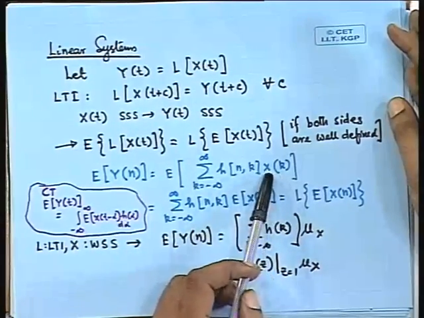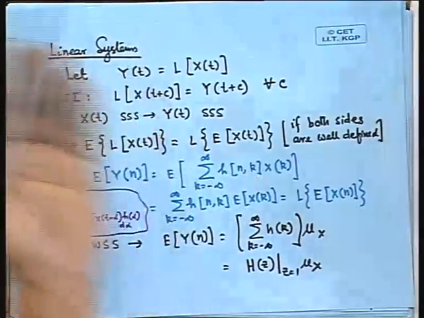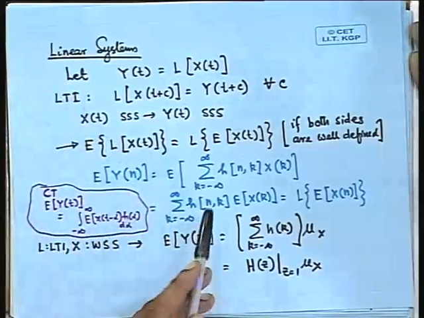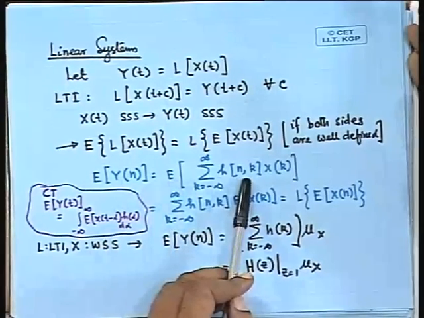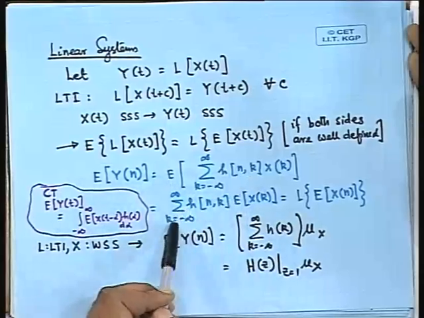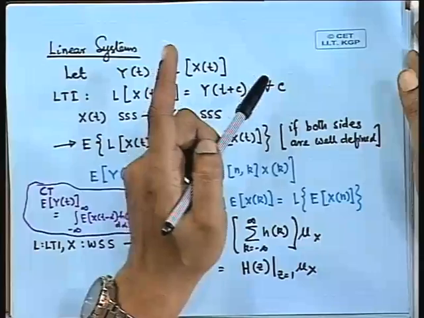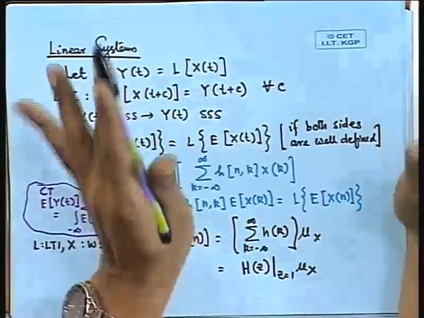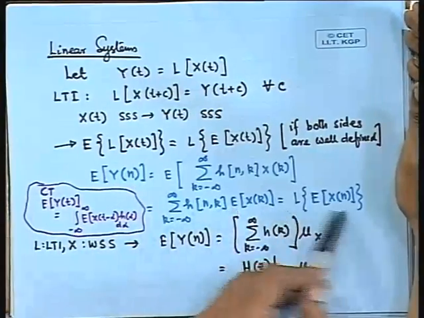If you had a linear time invariant system, then this h of n,k will be equal to h of n minus k. There will be only one argument. So now what you have to do is take the expectation inside, right? Linearity. So you can take the expectation inside, and the impulse response is a constant quantity because our system is deterministic. There is nothing probabilistic about our impulse response. That is a fixed function. So we take it inside the summation, and then it becomes this.